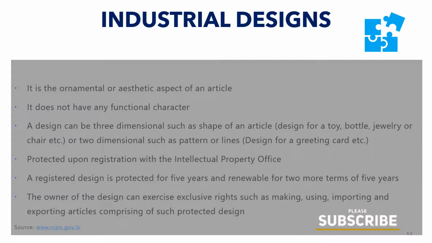For example, even a design for a greeting card which has a particular aesthetic appeal can be registered as an industrial design. So industrial designs are not like copyright. Just because you made it, you are not protected, right? You have to go and register with the Intellectual Property Office.